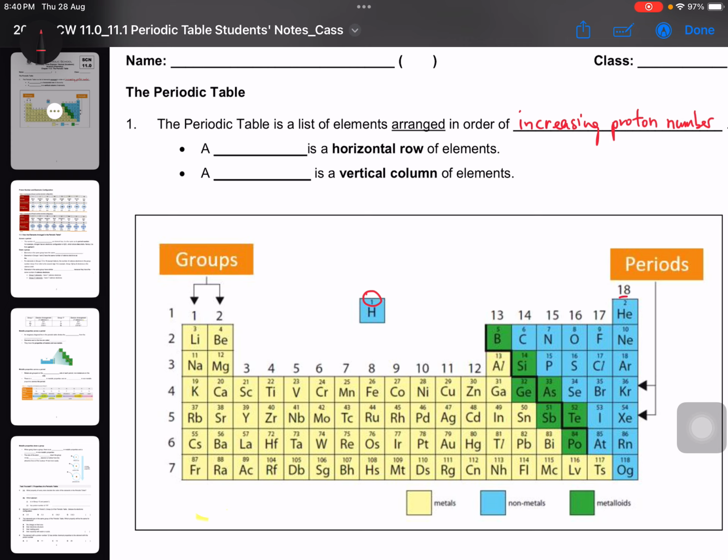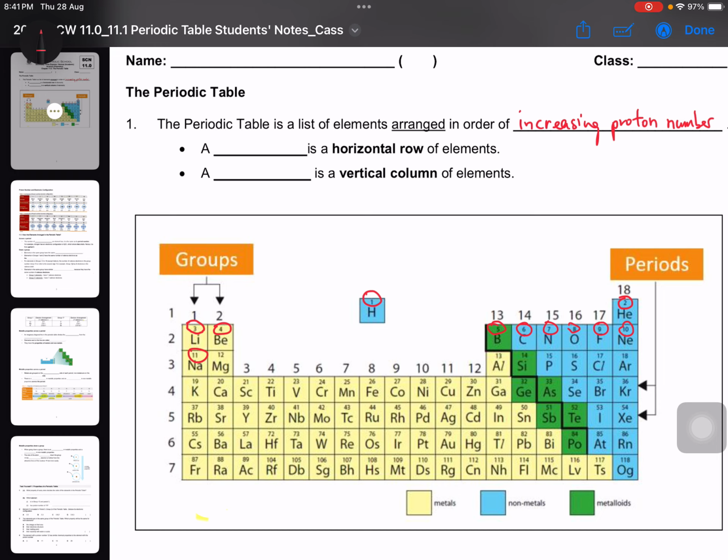Helium is 2, and they are both on the first row. Then number 3 is the next row, lithium. And then you have number 4, 5, 6, 7, 8, 9, 10, and so on, 11. And it goes on and on. So therefore, it's arranged in order of proton numbers of all the elements.